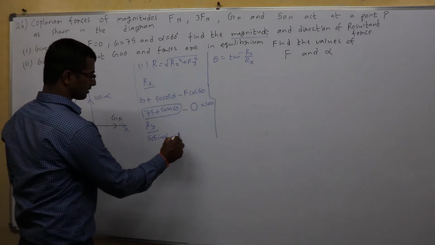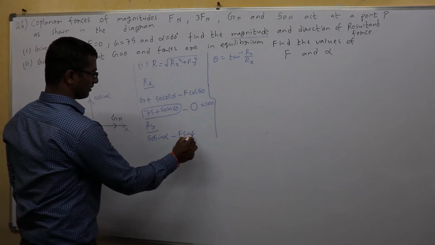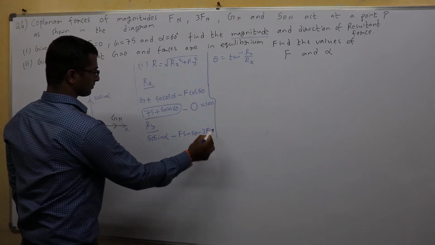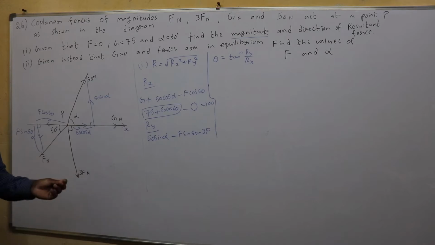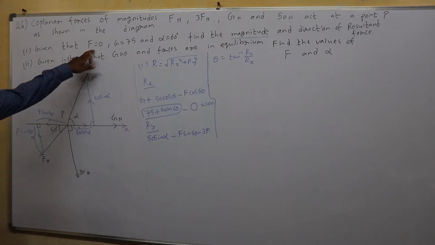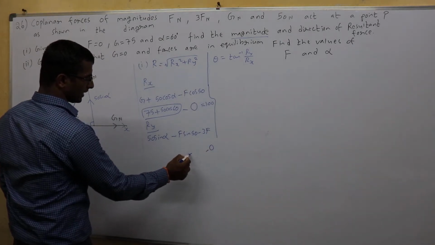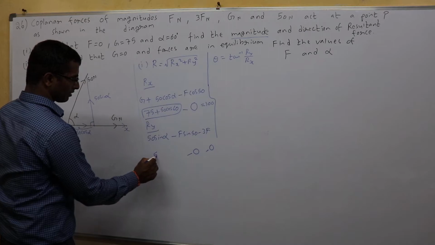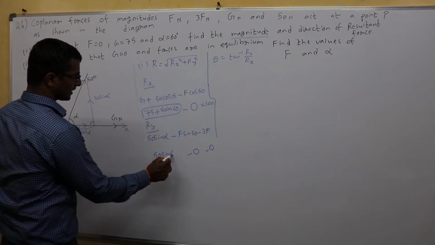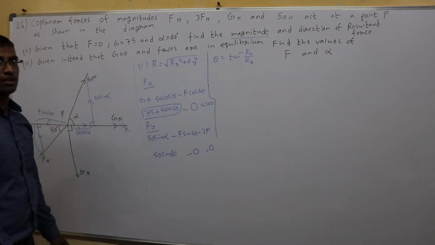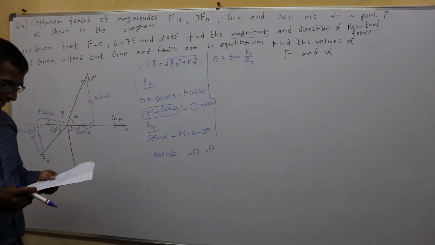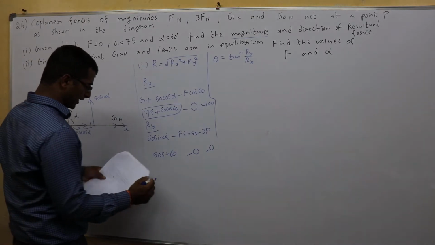So minus F sin 50 minus 3F is Ry. Let us put the values now. In place of F, 0. So 0 into 3 is 0, 0 into anything is 0. So 50 into sin 60. If you put this in the calculator, you get 43.3.